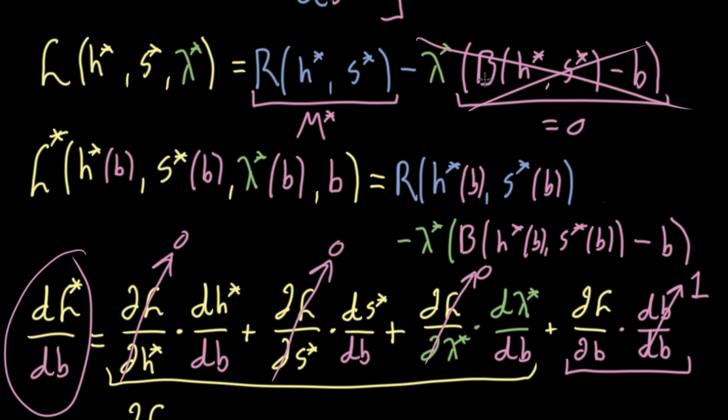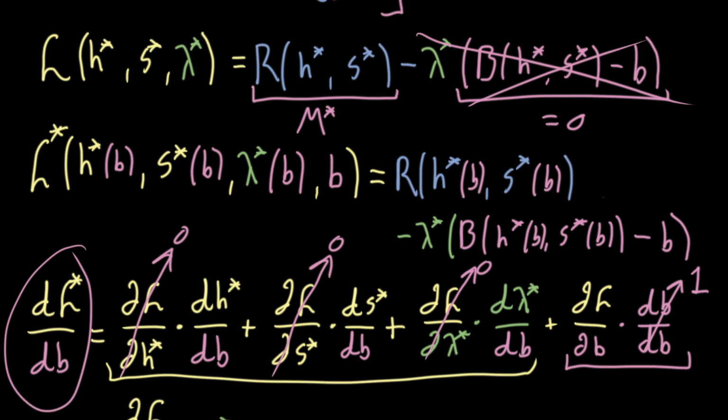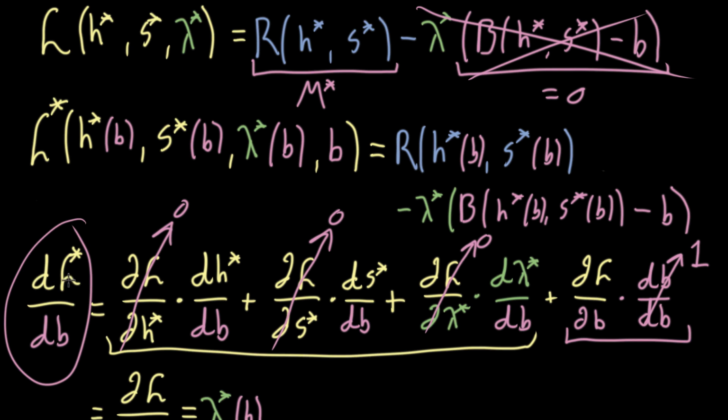The rest of the stuff just cancels out. So if you want to know the derivative of M star, the maximizing revenue, with respect to the budget, how much does your maximum revenue change for tiny changes in your budget, that's the same as looking at the derivative of the Lagrangian with respect to the budget, so long as you're considering it only on values h star, s star, lambda star that are critical points of the Lagrangian.